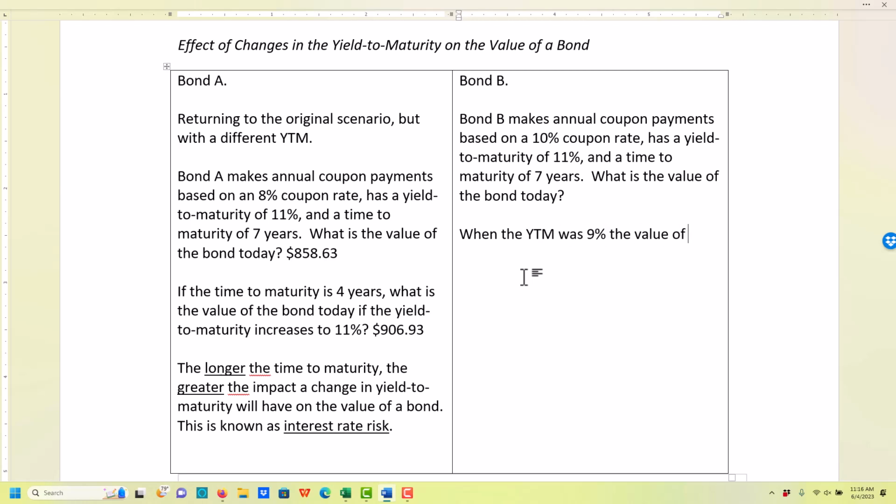The value of the bond today was $1,050.33. The change in the yield to maturity to 11% results in a new value or a new price of, so let's go out here and we'll calculate that as well.